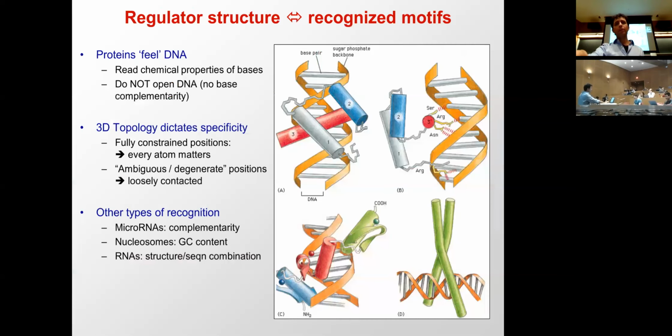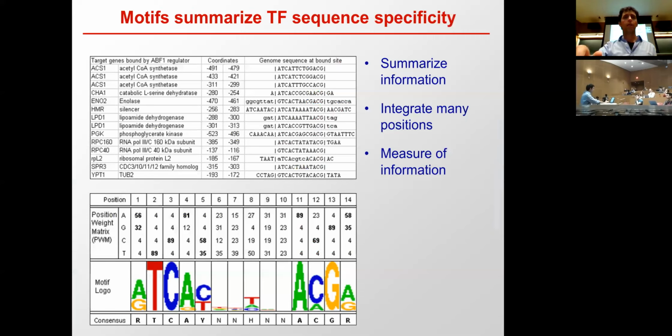So given this very complex structure, we'd like to have a representation for capturing what this language of gene regulation looks like. And this representation is very frequently position weight matrices. This is a matrix that at every nucleotide position gives a weight for each of the 4 nucleotides. Here's one such example.